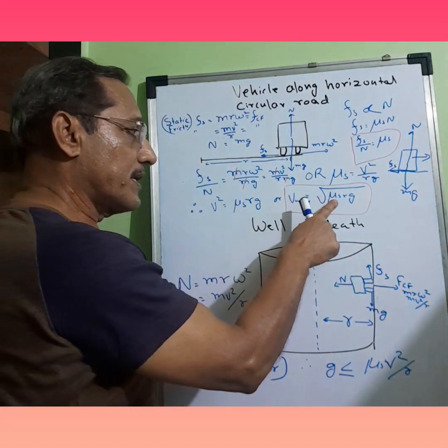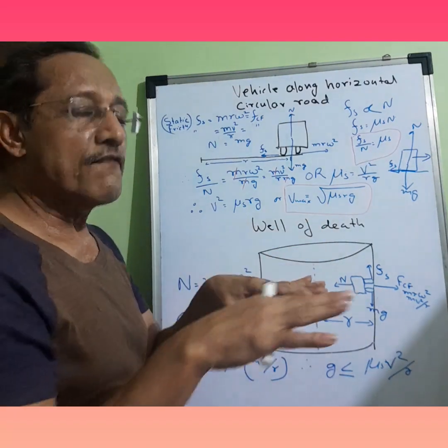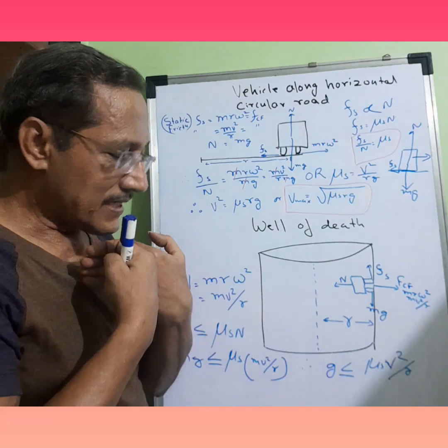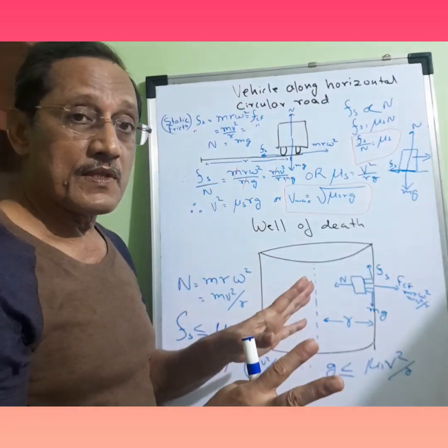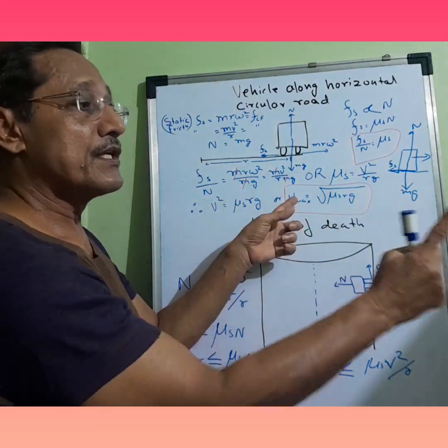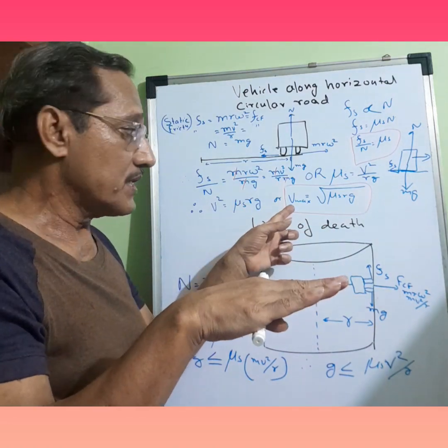Alright. Okay, now let's talk in terms of static friction. Wherever the road is rough, static friction is high. Wherever it is smooth, static friction is low. Wherever it is oily, static friction is still lower. So wherever it is oily, in a circular motion you have got to carry on with very low velocity.